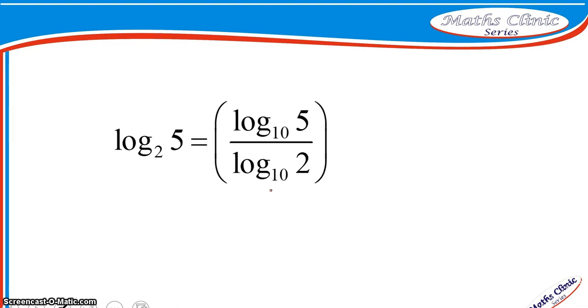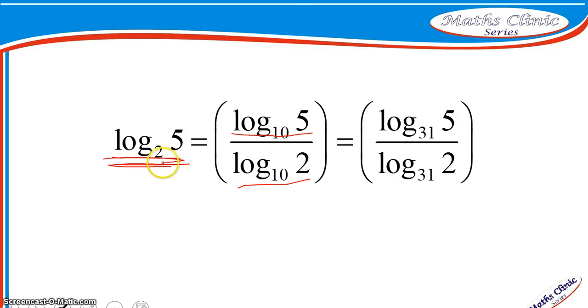You can try this example and see. Give yourself the value of log base 2 5 on the calculator, and then also do log base 10 5 divided by log base 10 2. You get the same answer as this one, and that is what the law is all about, and we call it change of base. We'll be applying it in solving questions in future.